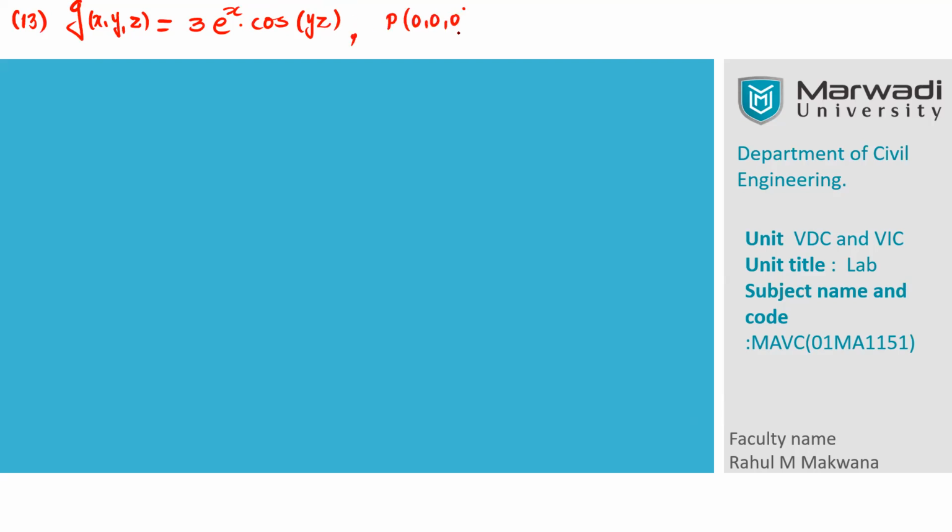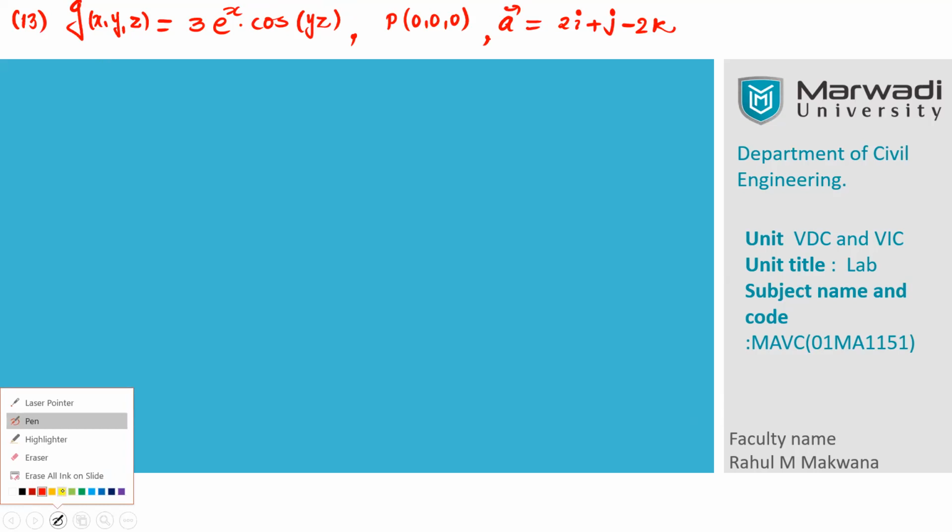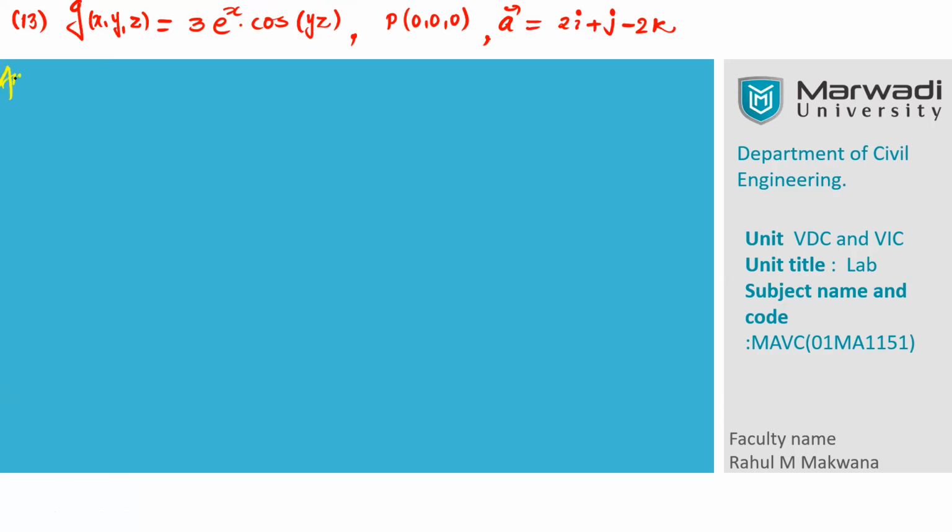The point is 0, 0, 0, and the vector is 2i plus j minus 2k. So this is our question, and we are asked to find the directional derivative.